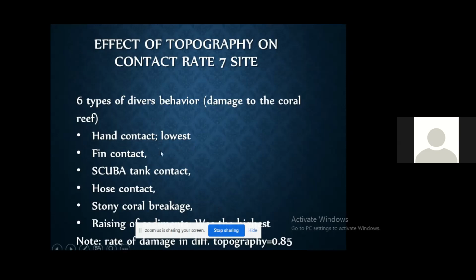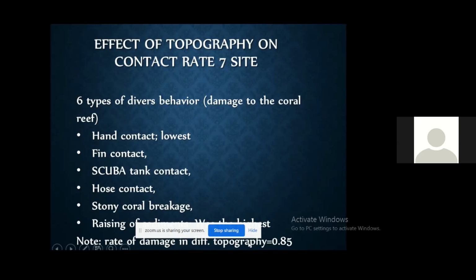After the examination, it was recorded that for the 7 reef sites, there was no significant difference between the different topography levels.